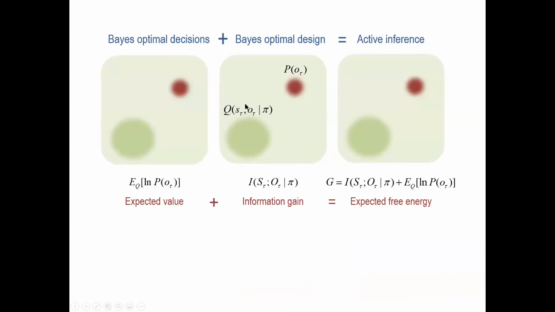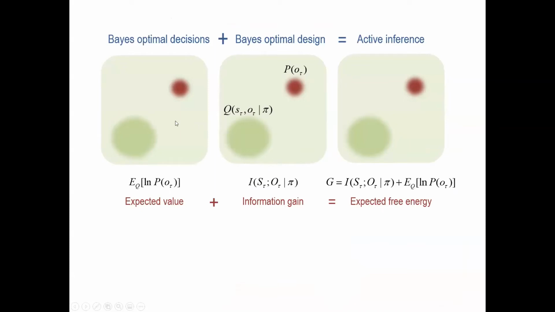And the story basically is that we can summarize in the most general way the goodness of a policy in terms of expected free energy that is just a mixture of the information gain and the expected utility or the expected model evidence.